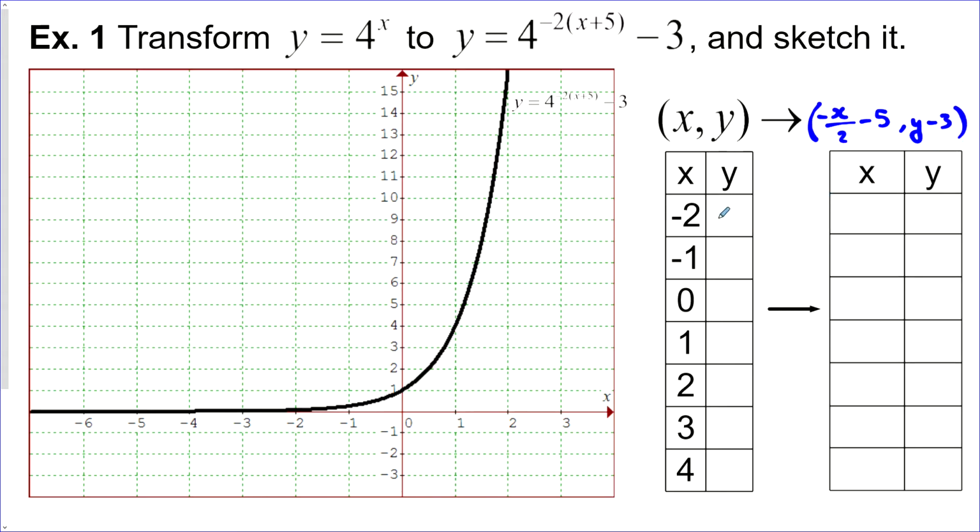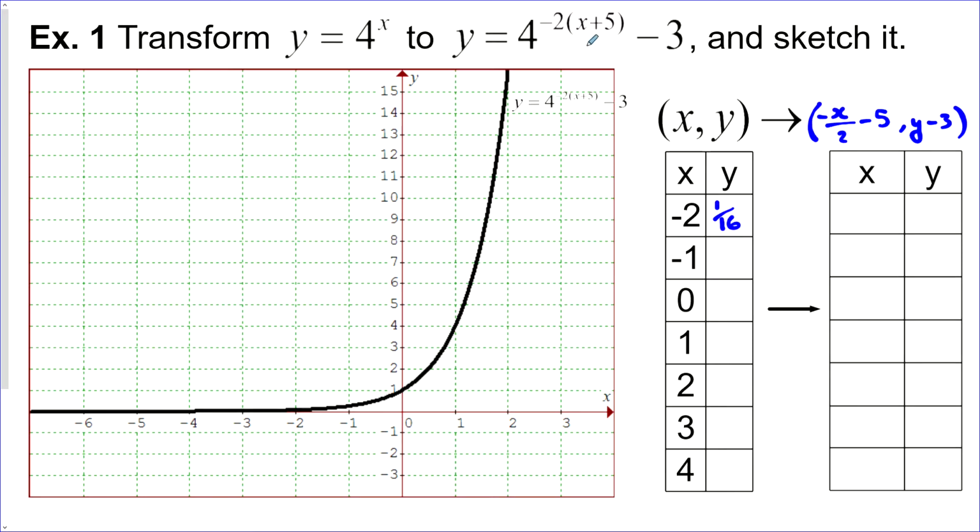In order to find the points on the new graph, we need the points on the old graph, and we're not given that, so we'll need to find those points. We could just make a table directly from this, but we want to transform this graph here. Let's try that. Put in negative 2, and we get 1/16.